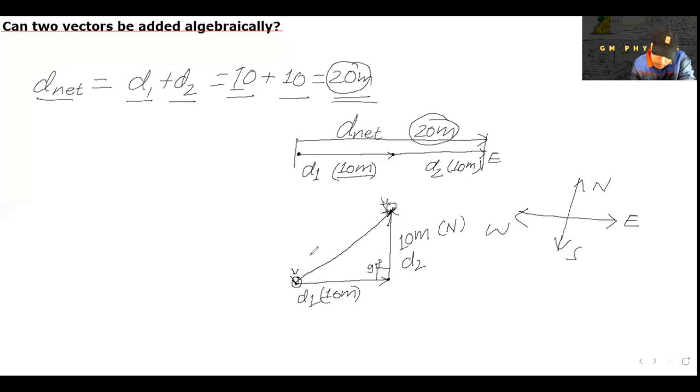So using Pythagoras theorem, we take the square root of base squared plus perpendicular squared. So 10 squared plus 10 squared, 100 plus 100, 200, root of that. Means you are getting 10 into root 2. Root 2 is 1.414. So you are getting approximately 14.14 meters. This is the real value of the net displacement, which is not 20 meters.